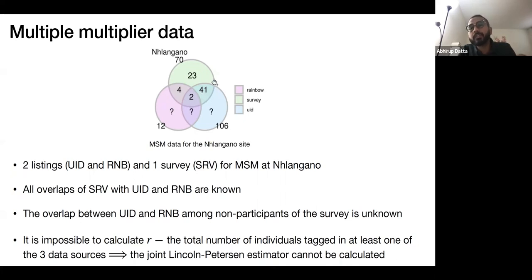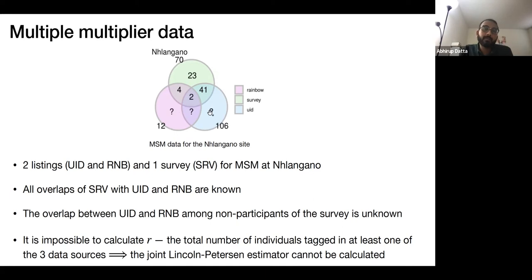So within this part of the Venn diagram, we know all these partition counts because we had asked them questions. Outside of the survey, we don't know these numbers. All we know is that a total of 12 MSM attended Rainbow Night, 106 MSM received unique objects. We do not know these finer partition counts outside of the survey.